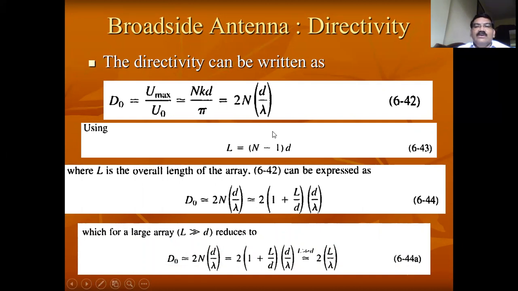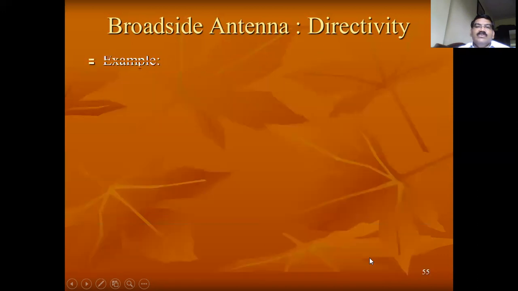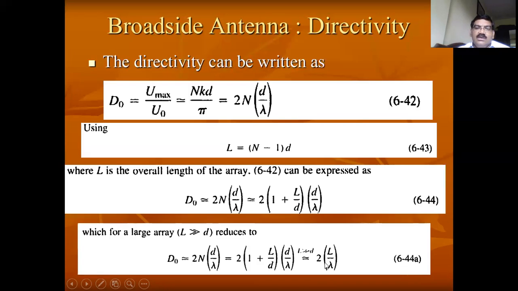You can put this value in this formula, that is 1 plus L by d and d by L. Here we can consider L to be very, very large compared to d. So D0 equals 2nd by lambda, and this way it can be calculated. So D0 is 2L by lambda. This is the formula for the directivity.